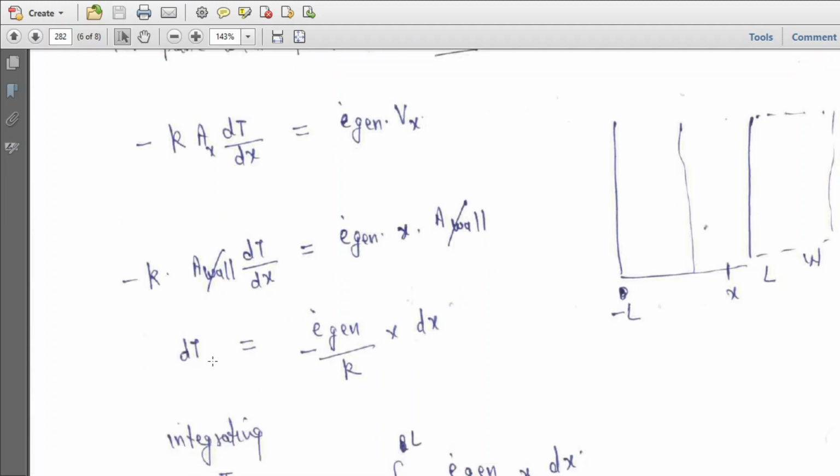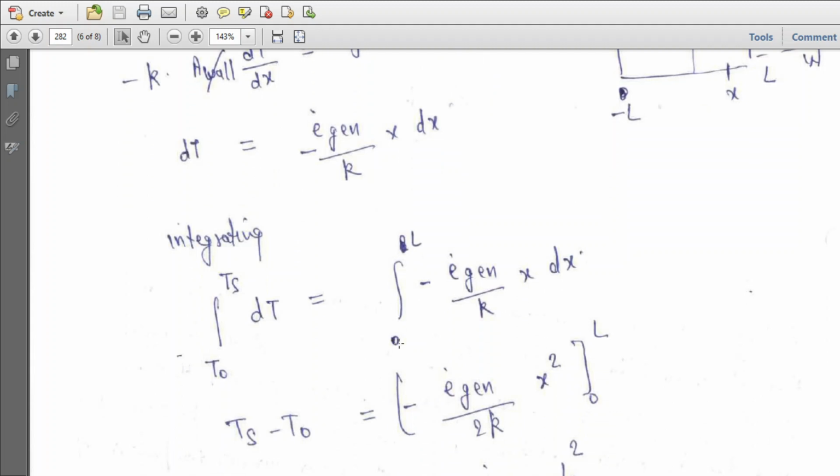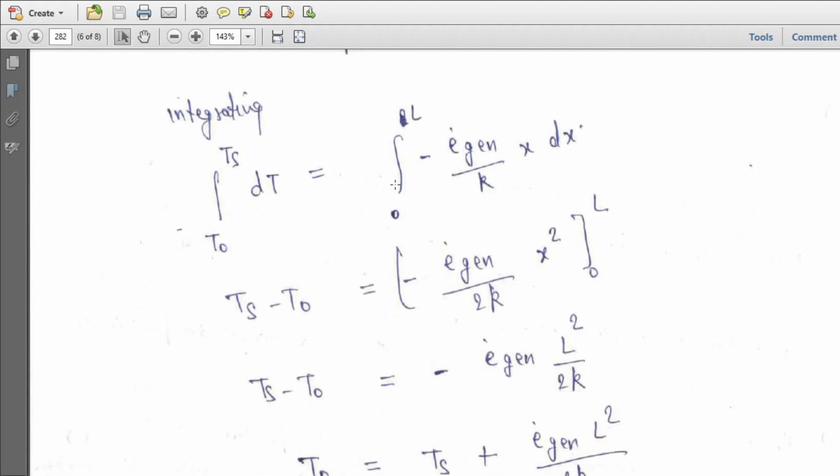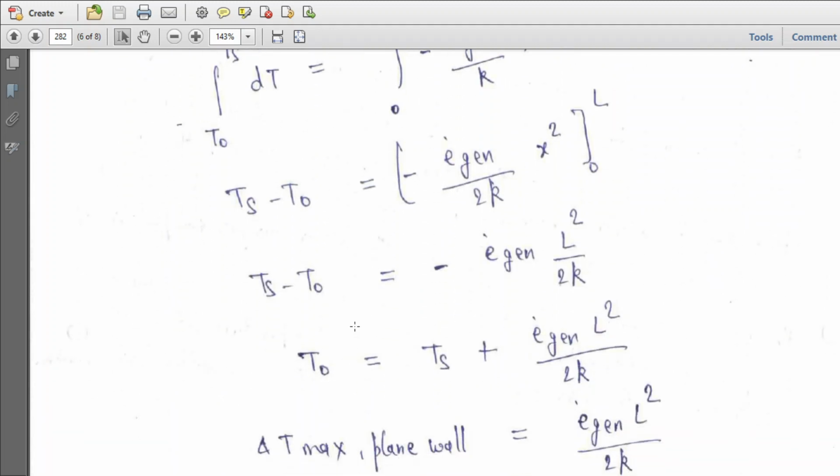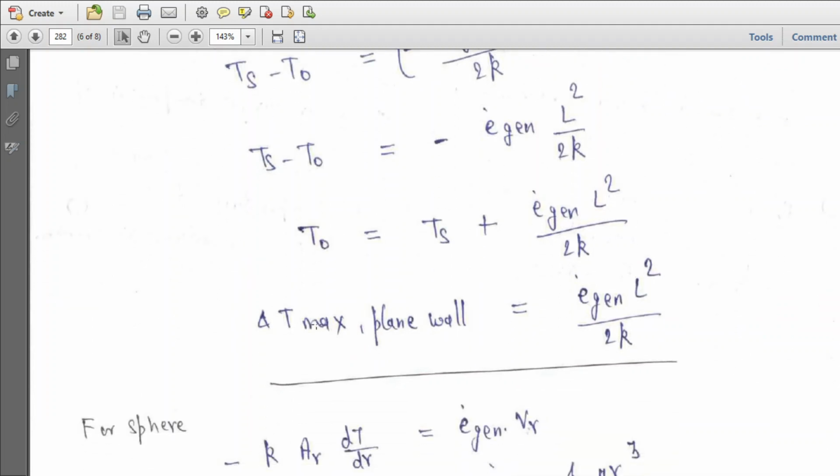From here dT is minus E dot generation upon k, x into dx. Now you can integrate that. By integrating, you will get T naught equal to Ts plus E dot generation L square upon 2k, and from here delta T max is E dot generation L square upon 2k.